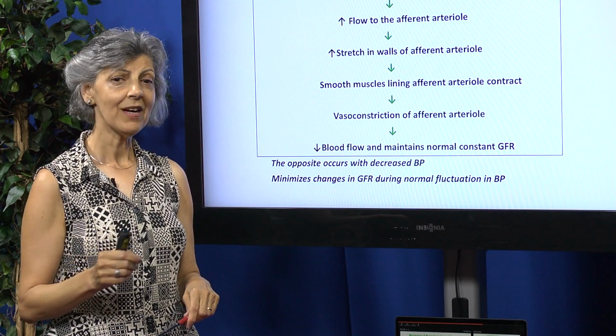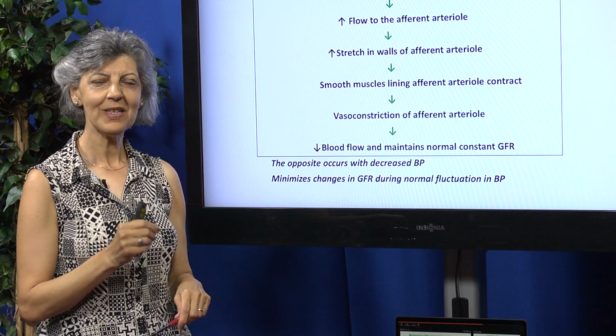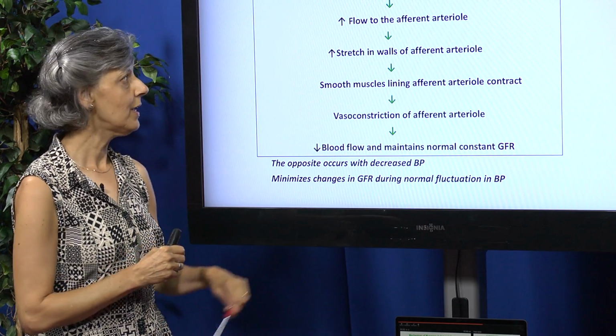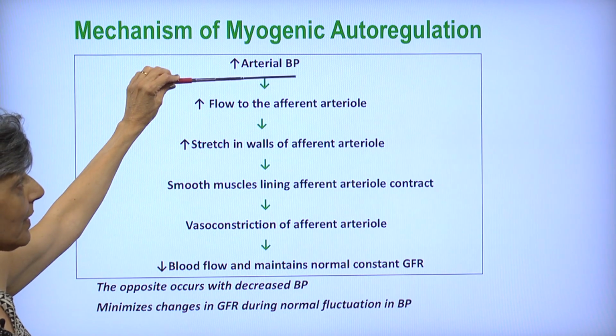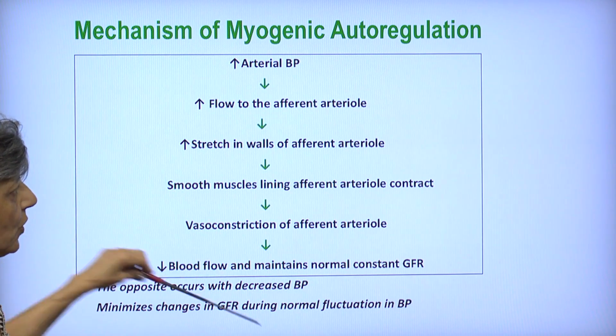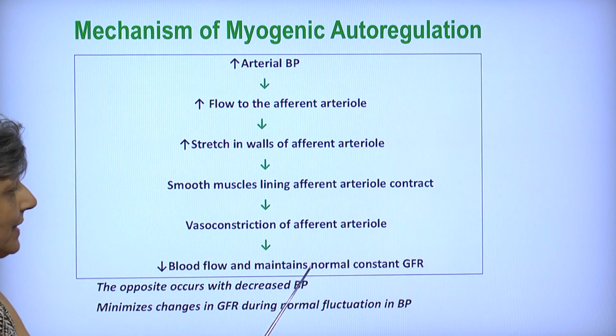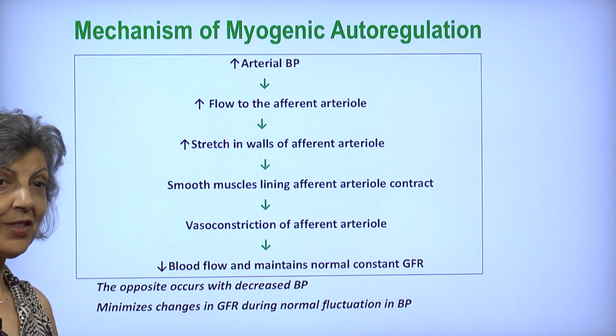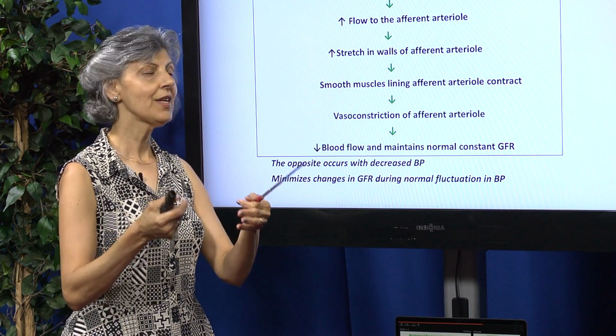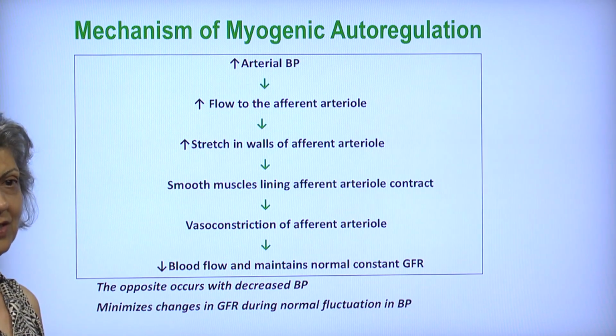Remember, vice versa, the opposite exactly will occur. If there is low blood pressure, we are going to reverse all of this process. We will have dilation of the afferent arteriole to increase the glomerular filtration rate.